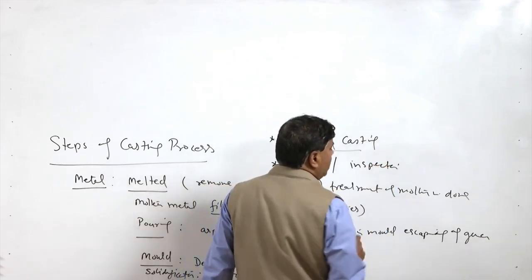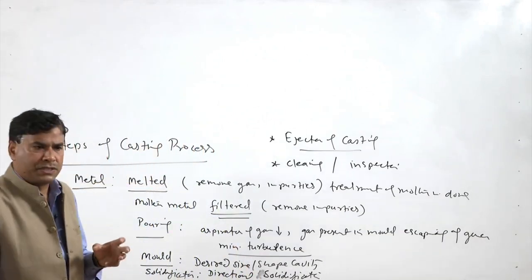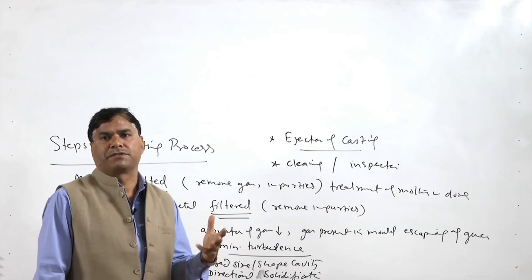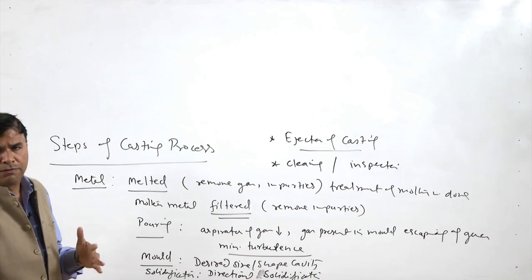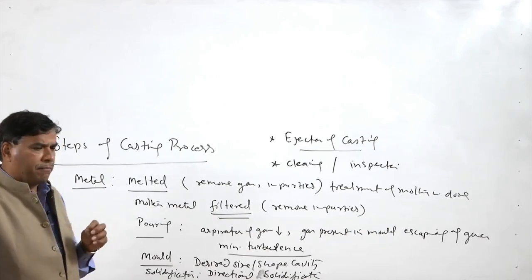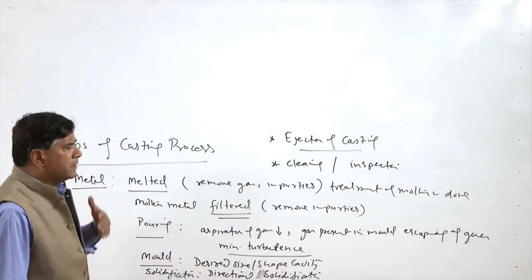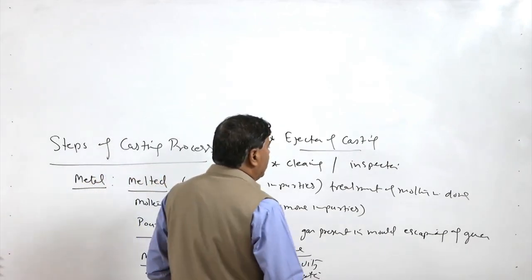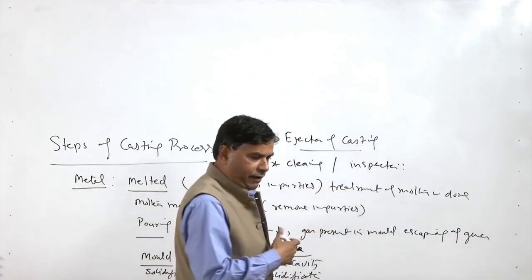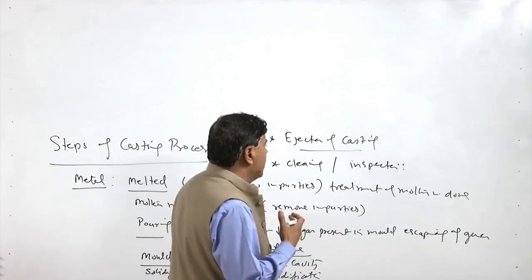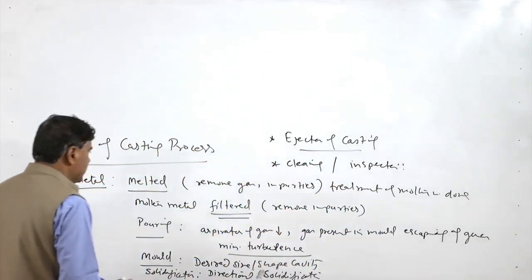So, cleaning primarily involves the removal of all fins, extra projections, the gates and risers which have solidified and are still attached with the casting; these need to be taken off by cutting or using sandblasting, tumbling, etc. Different methods are there, and the inspection will help us to see if the castings are having any defect or they are in good condition. Based on that they are processed for further steps.